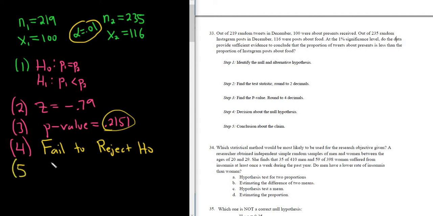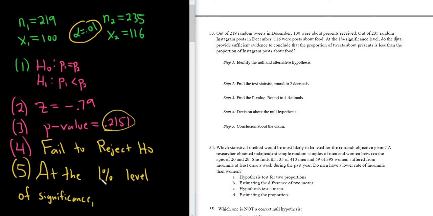Step 5 wants us to make a conclusion about the claim. So we start by making a statement about the significance level. I like to say at the 1% level of significance, what a big word, it's a long word.